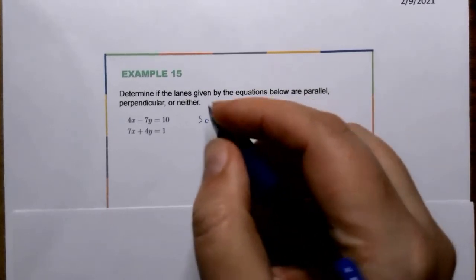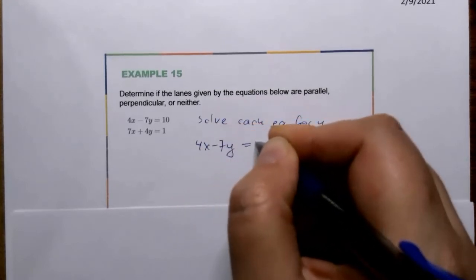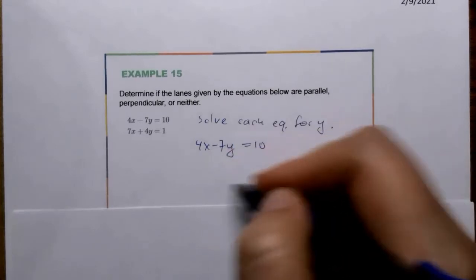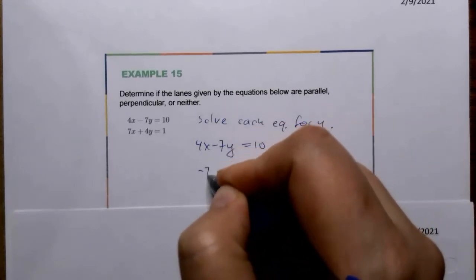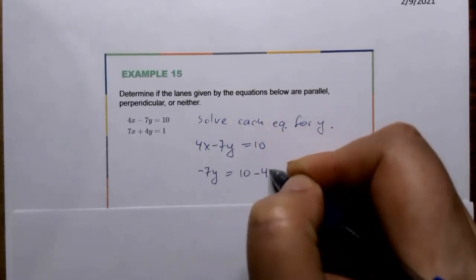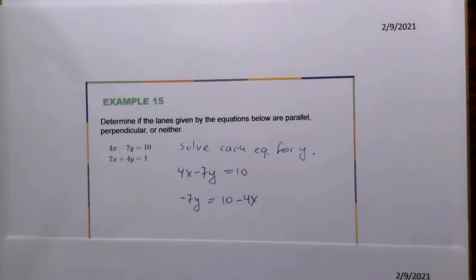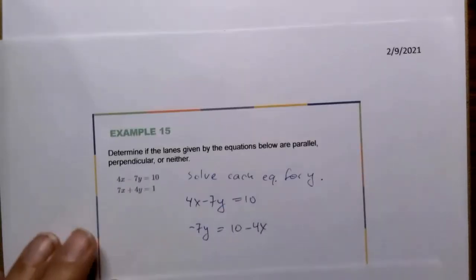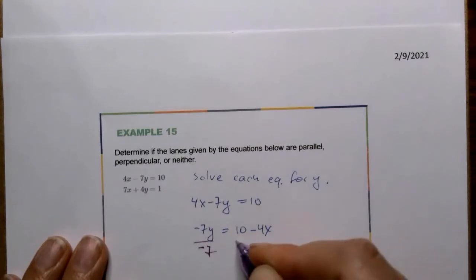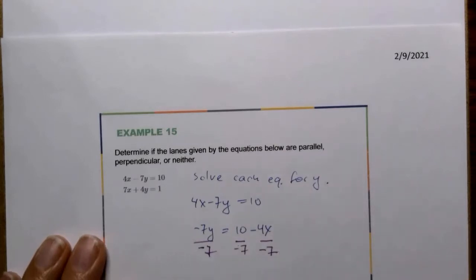Okay, so we're going to start with 4x minus 7y equals 10. Solving for y, bringing 4x to the other side, negative 7y equals 10 minus 4x. And then dividing by negative 7. And remember, we need to divide out every single term.